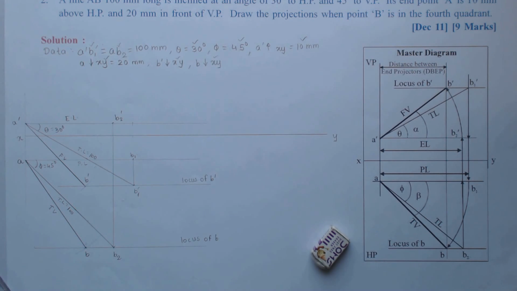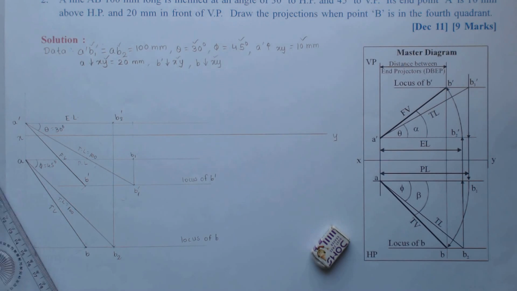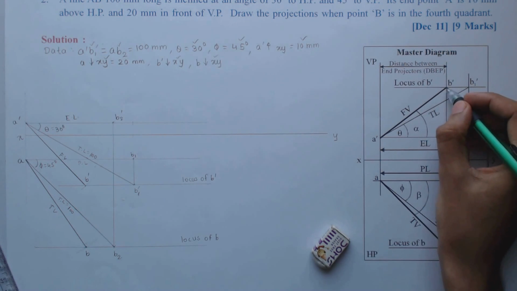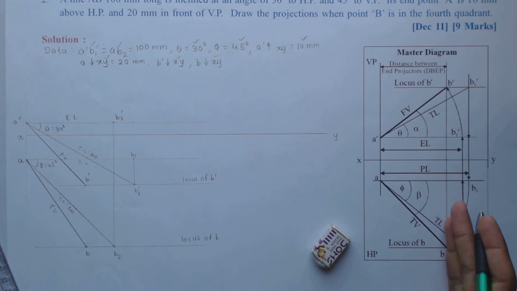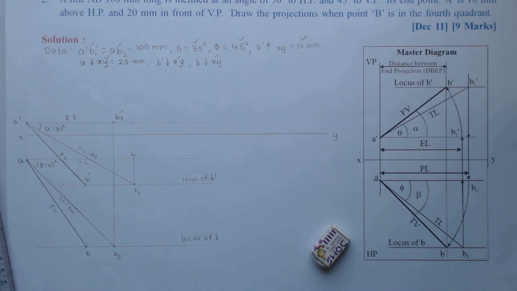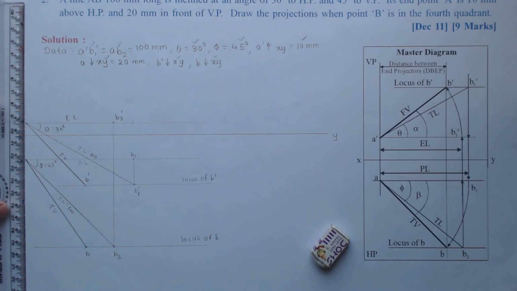Now to check whether your solution is right or wrong, as I said in the master diagram, the test is that B dash and B should lie on the same vertical line. So I'll just verify. Some minute error is accepted.